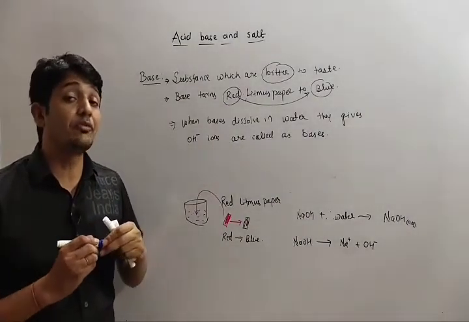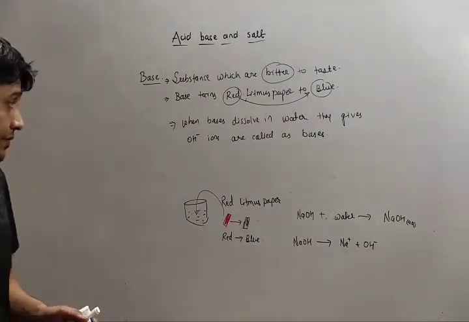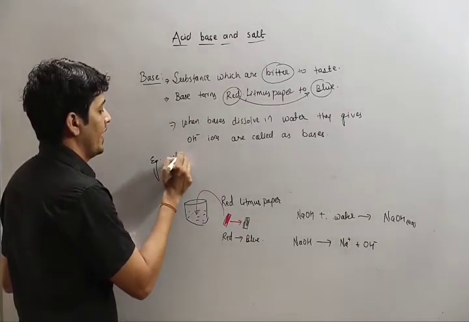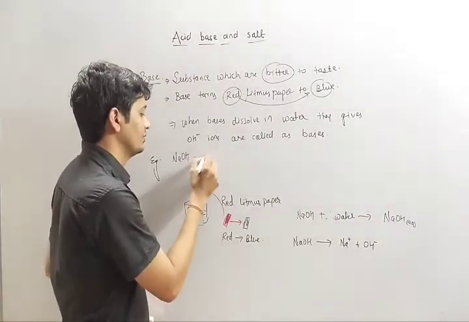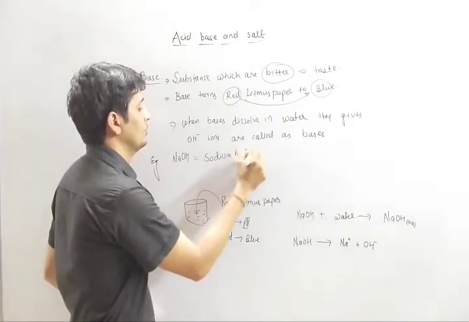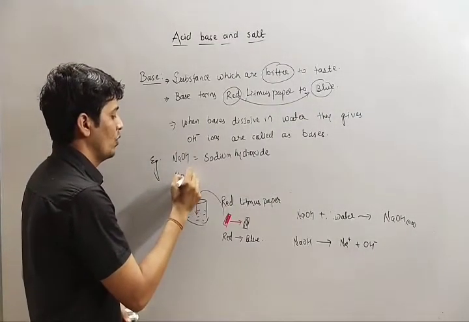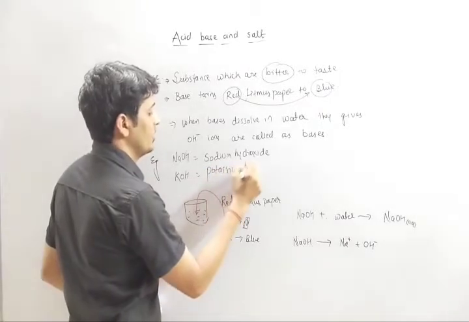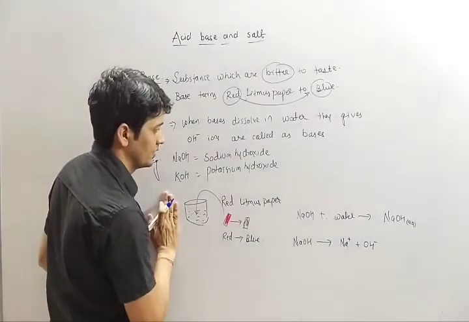So now we have to write a few examples of bases. Example: we have NaOH, sodium hydroxide. Then KOH, potassium hydroxide.